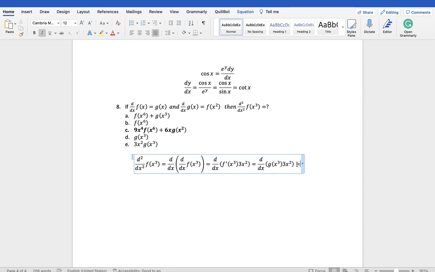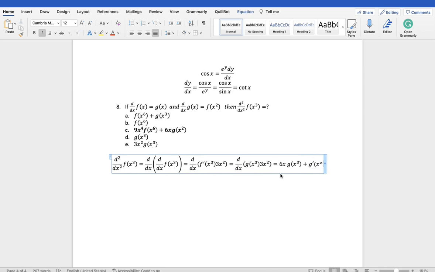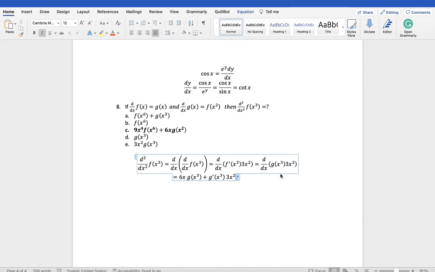You find the derivative of 3x squared, which is just equal to 6x, multiplied by g of x cubed, plus the derivative of g of x cubed, which I'll write as g prime of x cubed, multiplied by 3x squared.